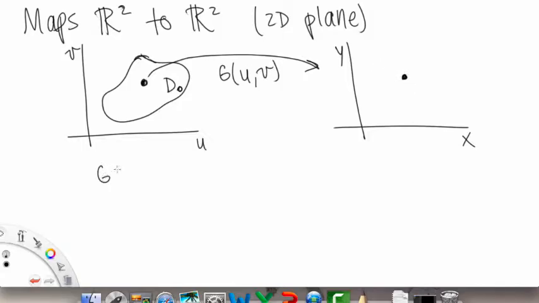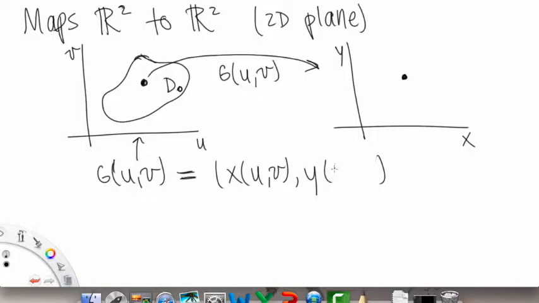So this function g takes the input point from here and transforms it into some point with xy coordinates. And this x and y depend both on u and v.